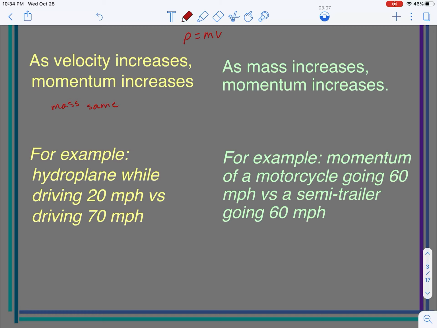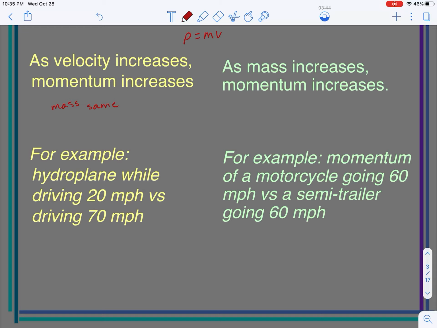Now, if you just think about experience, whether you are the one with the experience driving or maybe you just have experience as being a passenger in the vehicle, we should understand that if I am driving and I'm going 20 miles an hour and I hit a patch of ice, or I hit a patch of water where my car loses traction and I no longer have control, moving at 20 miles per hour gives you some momentum and your car is going to continue sliding or moving in whatever direction because of that momentum.